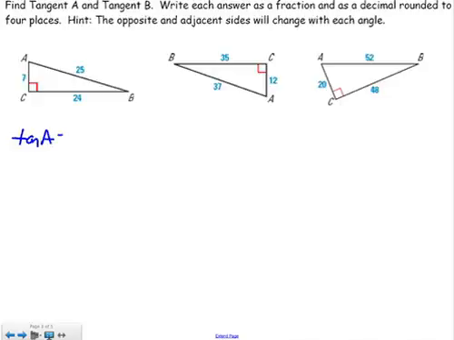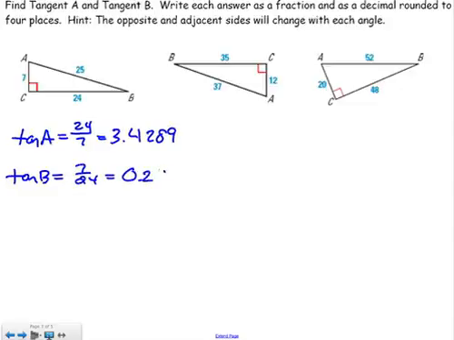This says the tangent of A, that should be 24 over 7. That should give you an answer of 3.4289. The tangent of B is going to equal 7/24, which just equals 0.2917. For this middle problem, we'll have the tangent of A. Tangent of A equals 35 over 12. 35/12 cannot be simplified, but we get 2.9167 as our answer.